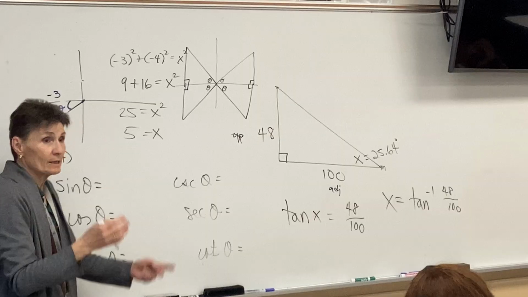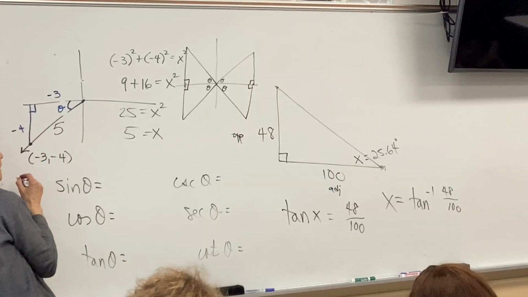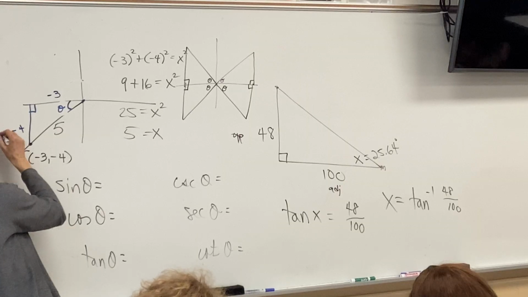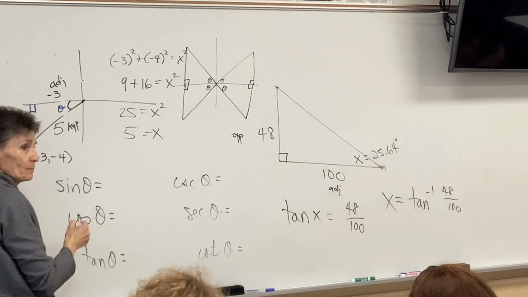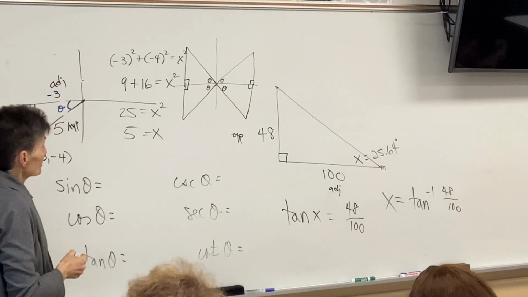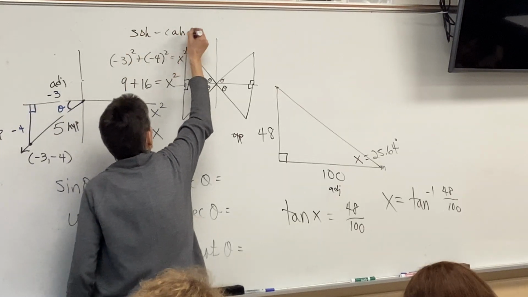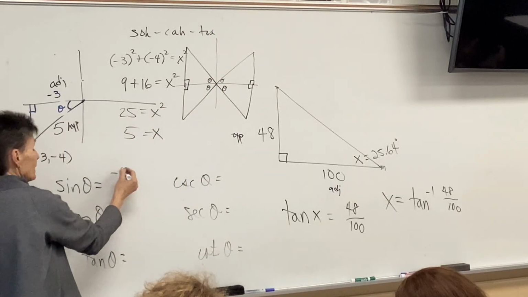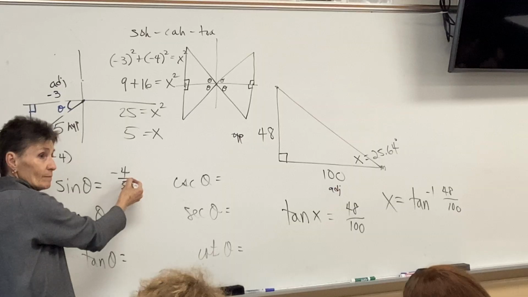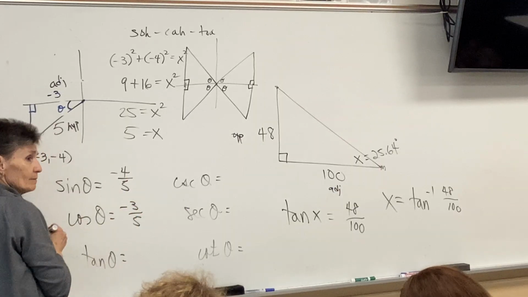Okay, now I'm ready to go. There's my angle. Which side is opposite? -4. Adjacent. Hypotenuse. SOHCAHTOA. So sine will be -4/5. Cosine is -3/5.